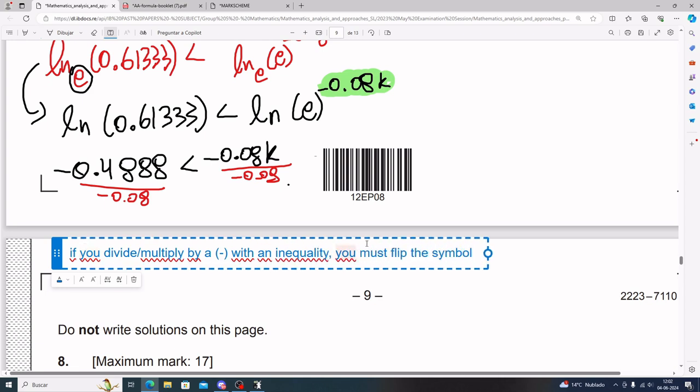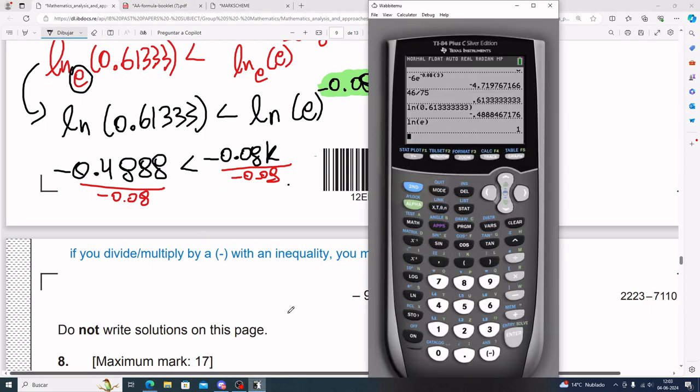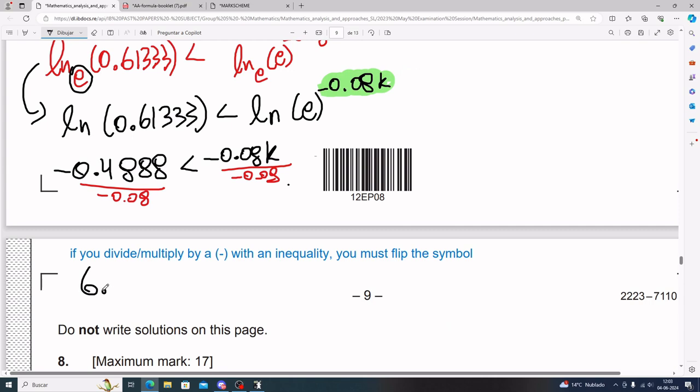Okay, and this is just to be consistent with your math. It's just a rule of thumb that I learned early on. Basically, negative 0. whatever, this number, divided by negative 0.08 gives us that. It gives you 6.11, right? But you're going to flip the symbol. So instead of being like this, it now ends up being like this. And now you have k alone.